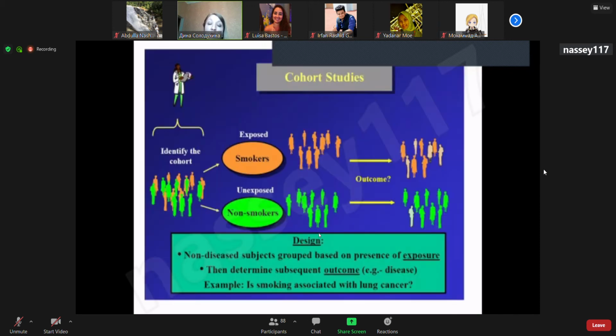So in a cohort study, we identify the cohort like smokers and non-smokers, and after some period of time, we will see whether smokers developed the outcome and whether non-smokers developed the outcome.